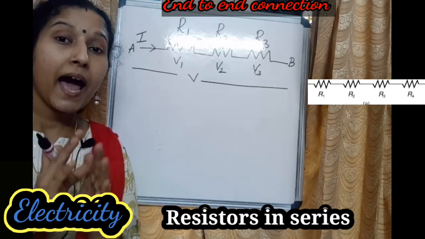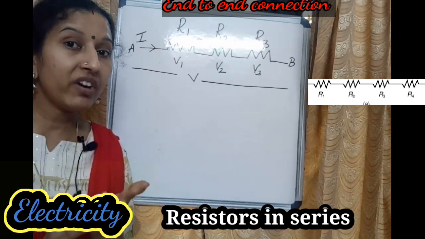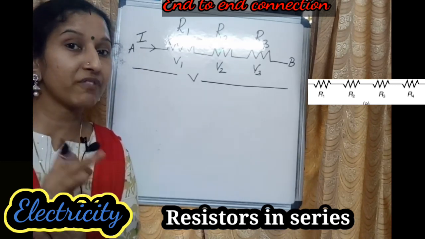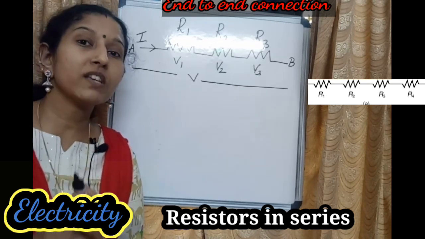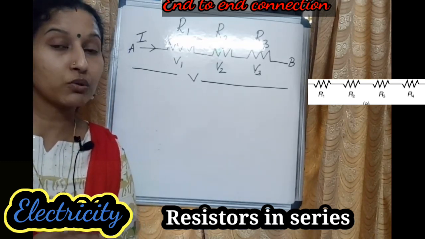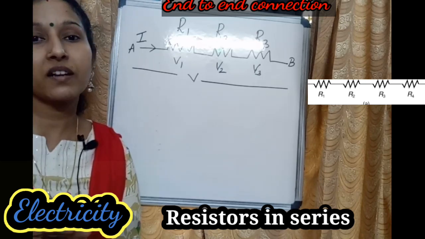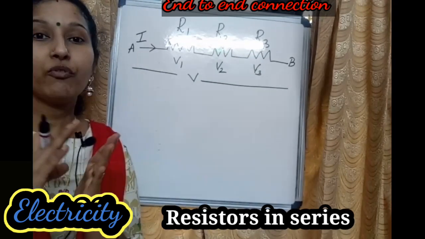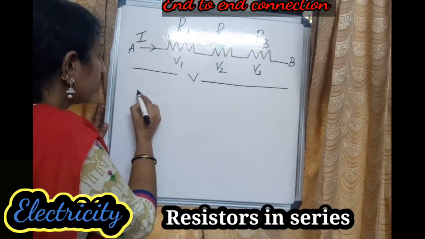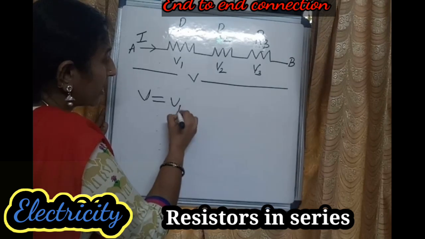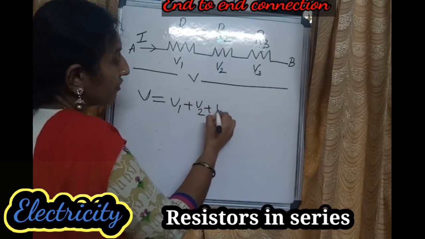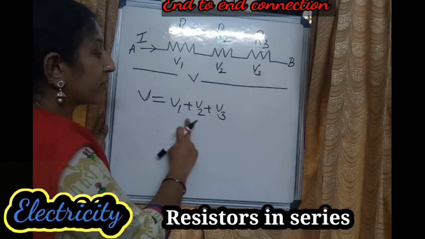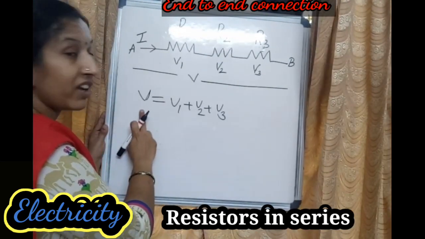Okay, and another point, I told you V1, V2 and V3 are the potential differences. V1 is the potential difference across the resistor R1, V2 is across the resistor R2 and V3 is across the resistor R3. So it is clear that V equal to V1 plus V2 plus V3, which means total potential difference is the sum of individual potential differences.